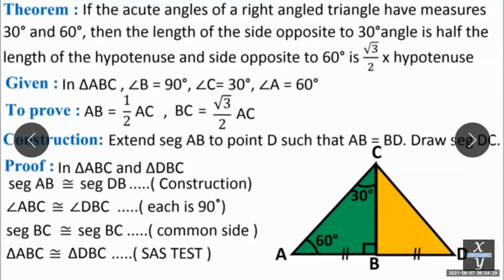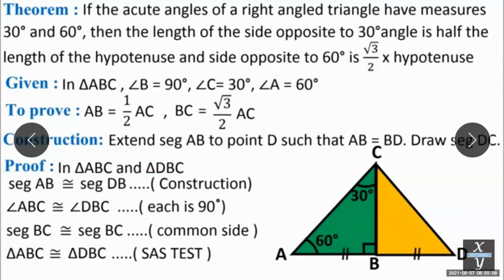Now, what do we have to prove? First, we have to show these two triangles congruent to each other. How to show the triangles congruent? We already learned in yesterday's class that there are different tests of congruency of triangles: triple S test, SAS test, ASA test, hypotenuse side test.